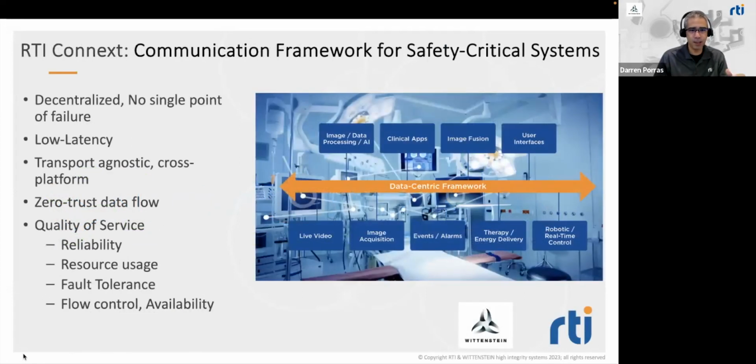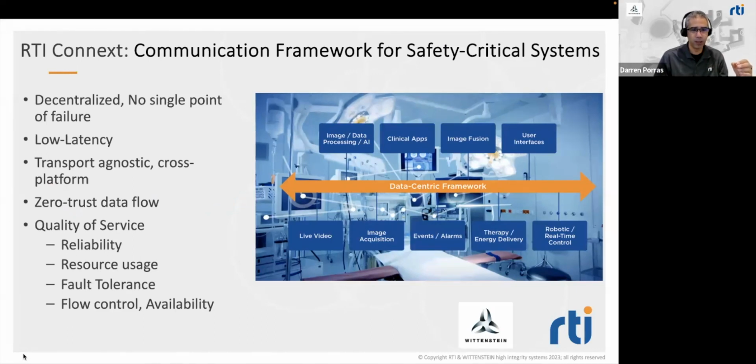RTI Connext is a software communication framework that is built on the Data Distribution Service, DDS. As just mentioned, this framework is decentralized, so there's no single point of failure, and this enables fault-tolerant communications that are also very low latency.